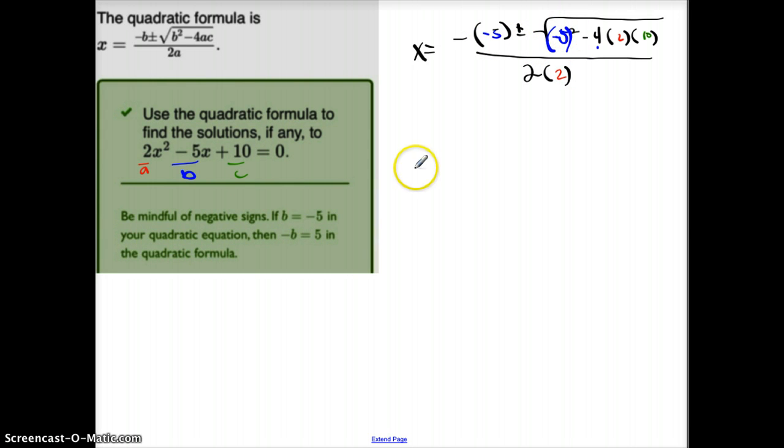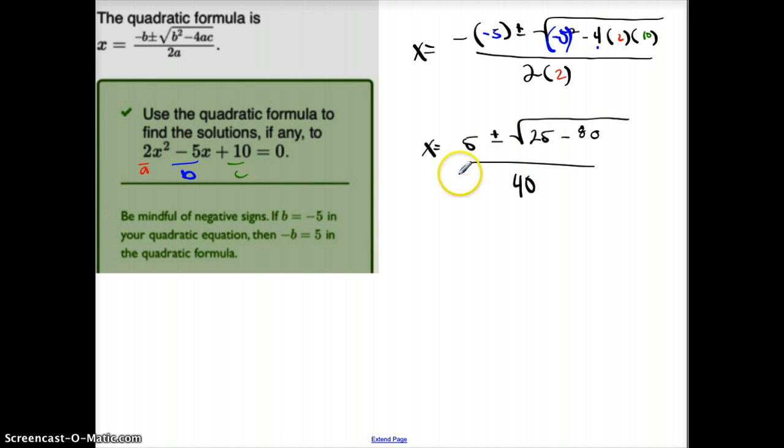So we'll have x equals negative 5, which is positive 5, plus or minus the square root of negative 5 squared, which is 25, minus 4 times 2 times 10. So 4 times 2 is 8, times 10 is minus 80, all over 2 times 2, which is 4, all over 4.